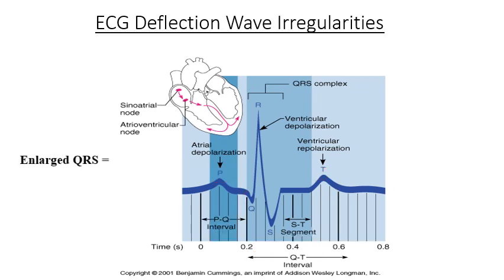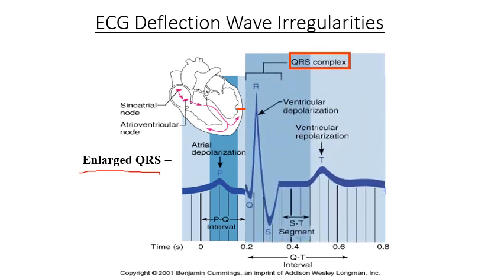Now, if there was an enlarged QRS, if the QRS was very large, the depolarization voltage is magnified, as you can see here in this picture. This is a huge QRS, larger than the amplitude of the voltage we expect.